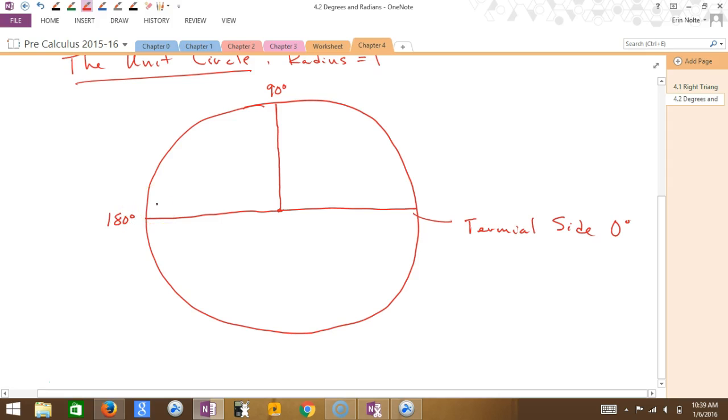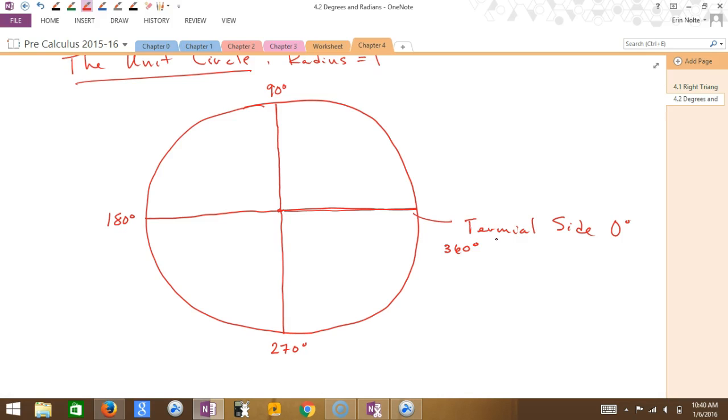What angle is straight down? 270 degrees. What angle is all the way back to the beginning? 360 degrees. Now we are going to rewrite those angles in radians.